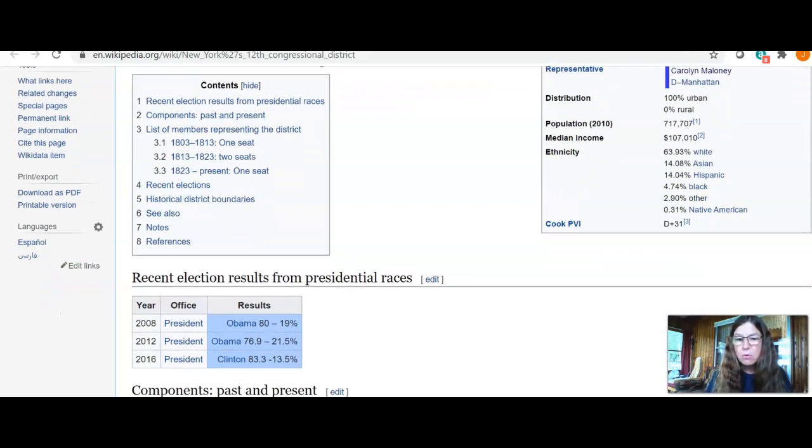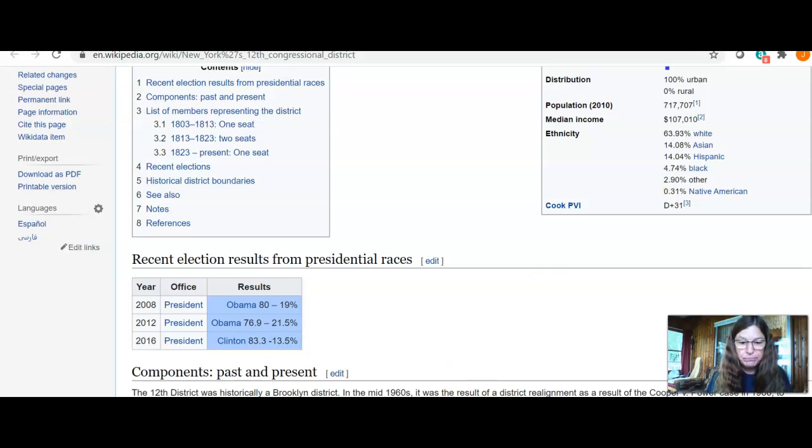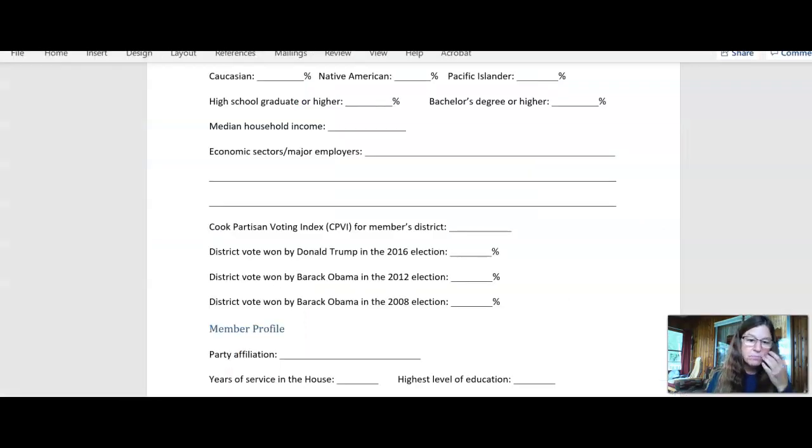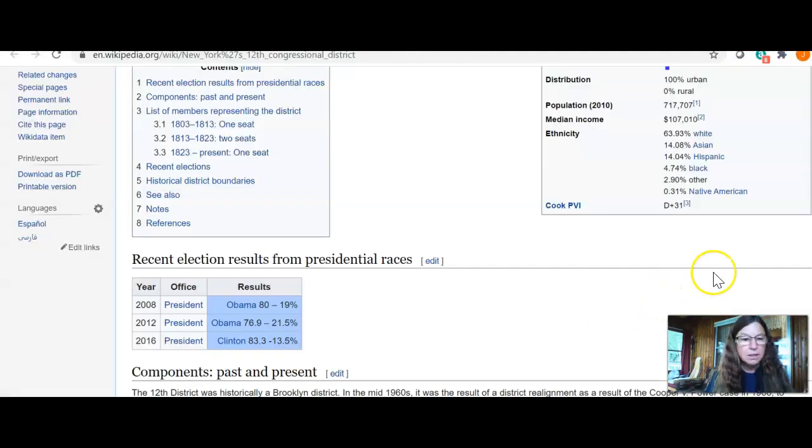The next thing on that worksheet, I'll bring that back up for you. You can see that I want to know the district vote won by Donald Trump and Obama in the corresponding years. So if we go back up and look at that wiki, again, over here on the left, I can see that it gives me that information.